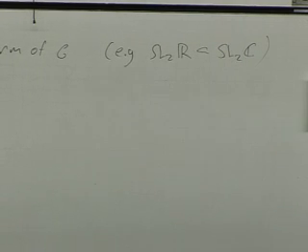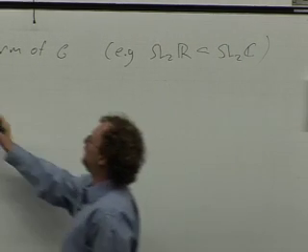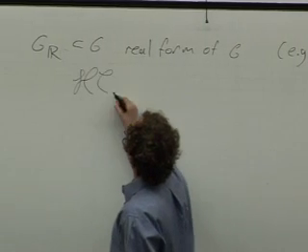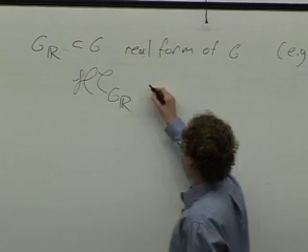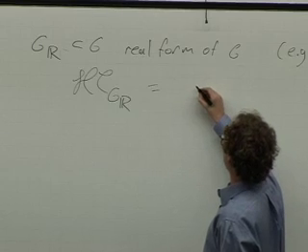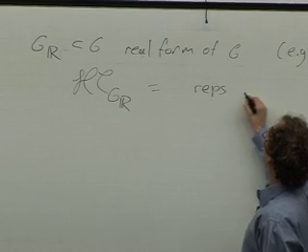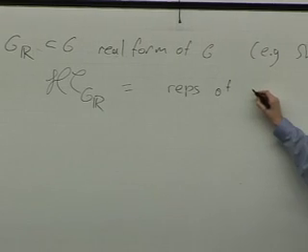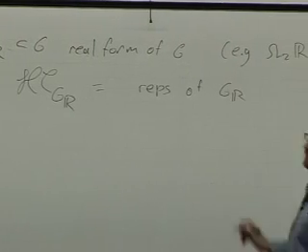Then I might be interested in studying the category of Harish-Chandra modules. So this is the category of so-called admissible representations of the group G_R.